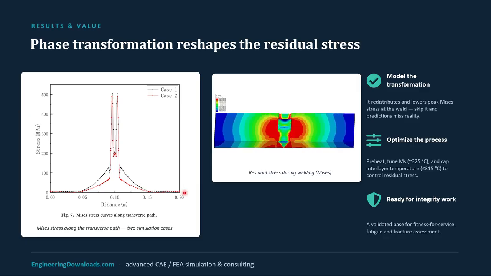Because I modeled it, I can also improve the process by preheating, by changing the martensite start temperature, and by controlling the temperature between weld passes. It can be done in different cases, which both papers paid attention to. And this is not only for P91. The same model is a strong base for fitness for service, fatigue, and fracture studies.